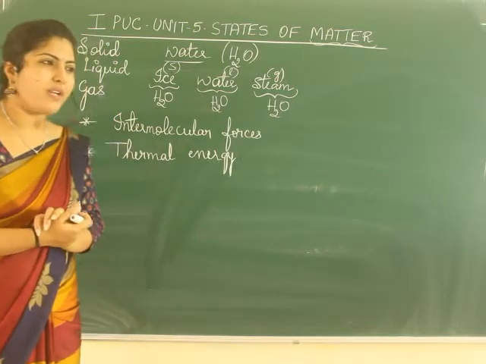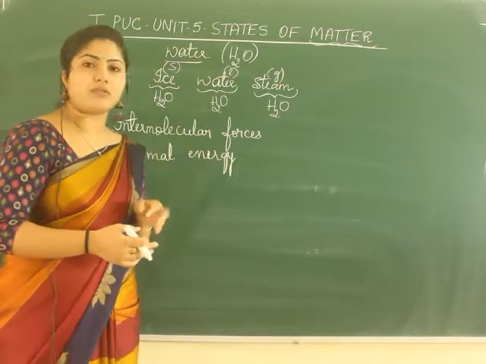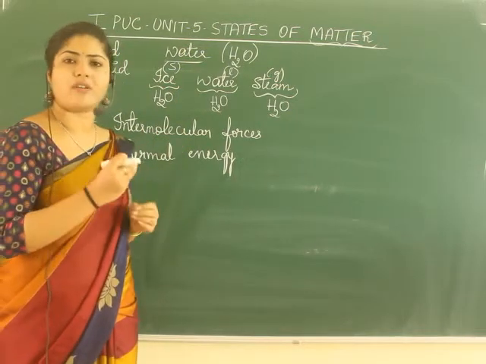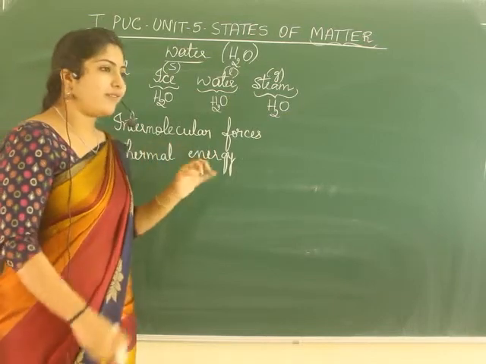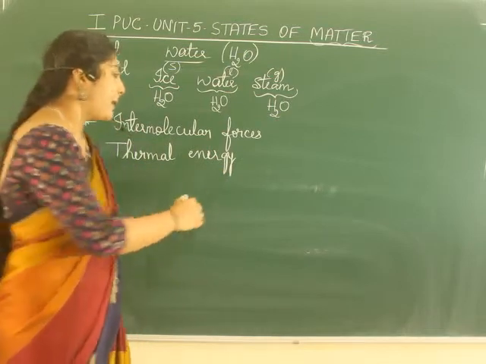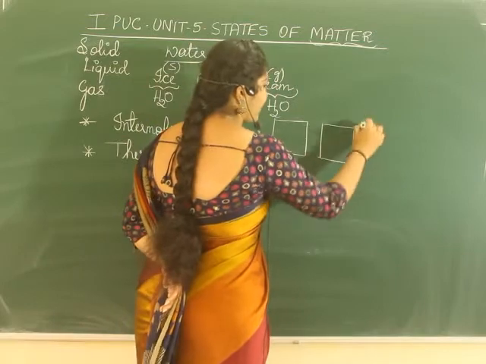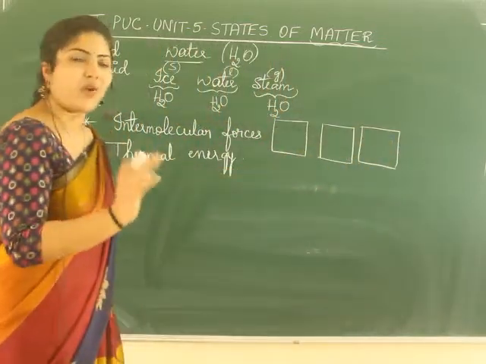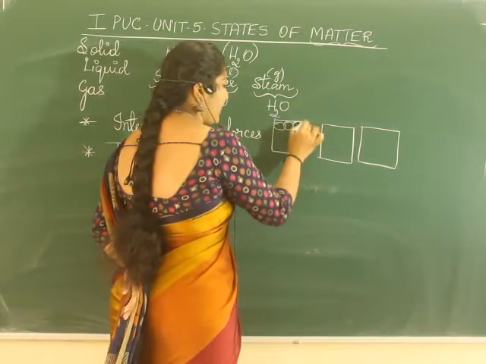Okay, now why do we have to know about this, or how does it matter to the state of any substance, or any molecule or any compound? How does it matter? See, this is a common picturization most of us have. When we speak about solid, liquid and gases, in solids we say the molecules are closely packed.